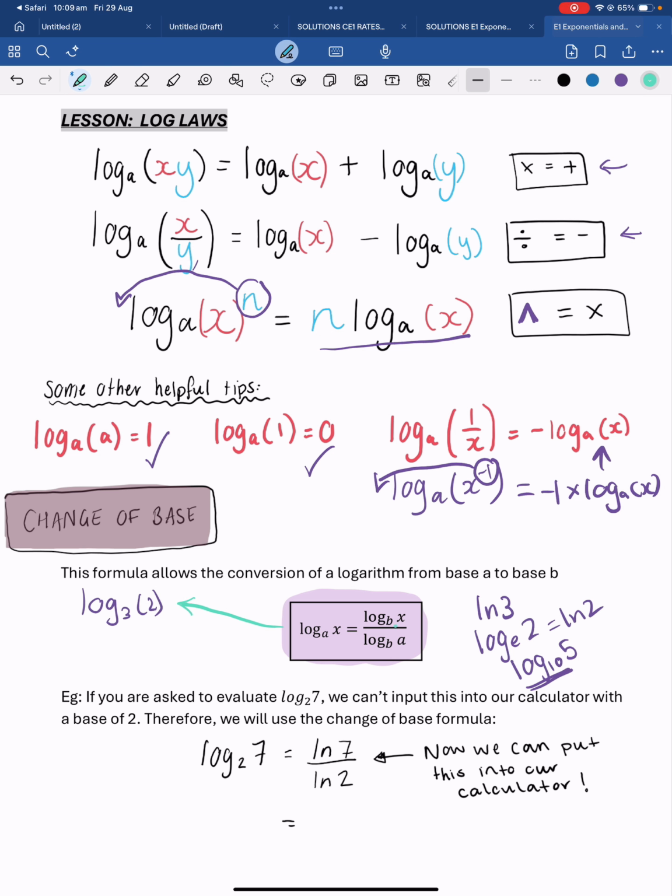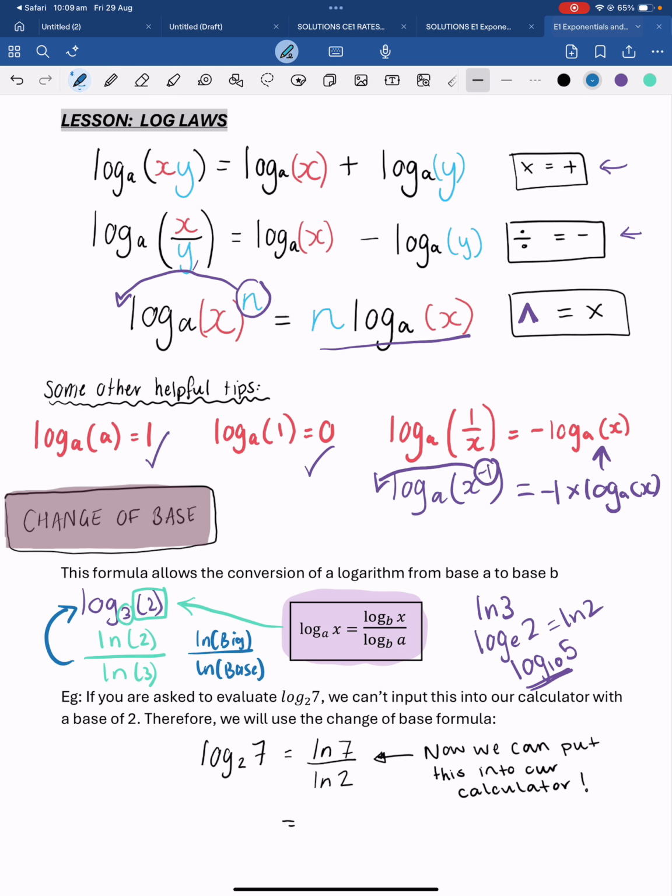The way I like to think of it when we're changing it to base e is it's just ln of the number we're logging over ln of the base number. So I always just think it's another way to write the formula, ln big over ln base. It's an easier way to think of the formula. That will give us the same answer as log 3 of 2.